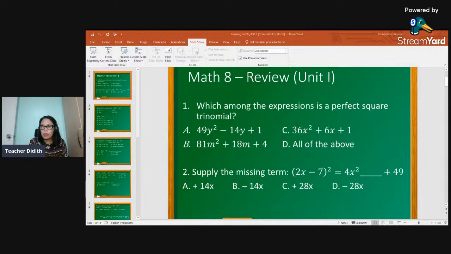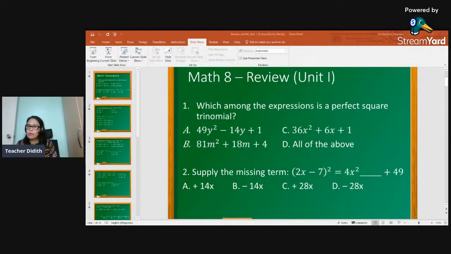So this is the pattern that we're going to follow for us to supply the missing term. And it's the middle term which is missing. So we have to consider the sign also. Okay. So this is 2 times the first term times the second term. So this is 2 times 2x times 7. So this is minus 28x. And the answer is D.